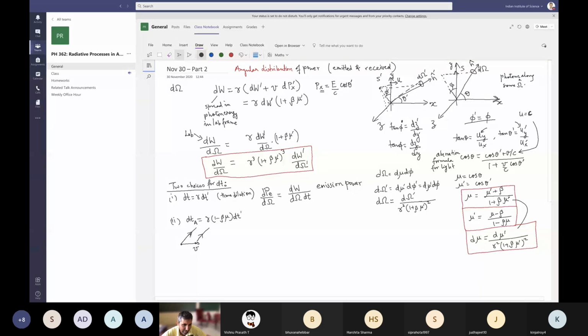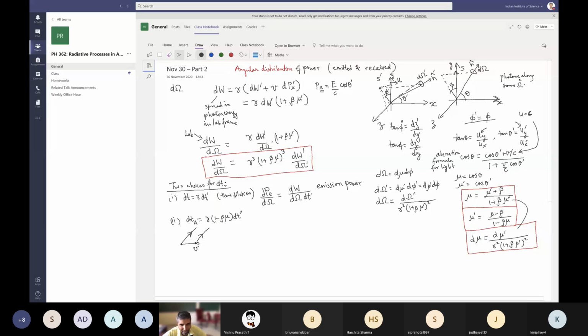If dt prime is the time interval between emission of pulses in the particle rest frame, then the arrival time is related to this by this, and this is also related to the Doppler formula.